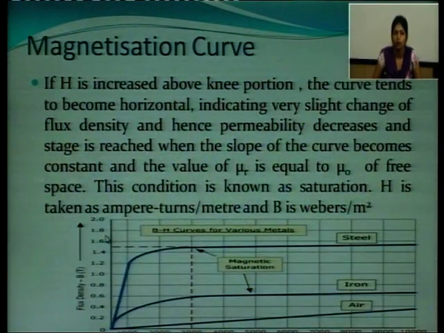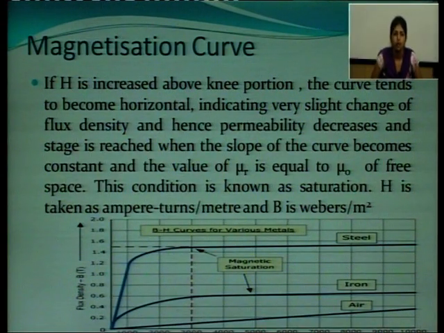Now next, if H is increased above the knee portion, so this is the knee portion, if we start increasing the value of H even further, then the curve tends to become horizontal. Now this indicates a very slight change of the flux density, and hence permeability decreases.